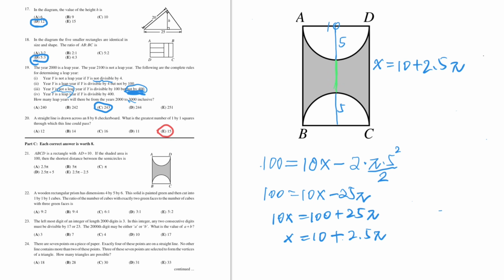The green part is the shortest distance. It equals x minus 10. That's the green part: 10 plus 2.5 pi minus 10. Cancel 10, that's 2.5 pi. That's the shortest distance between the 2 semicircles. So that's the answer A.